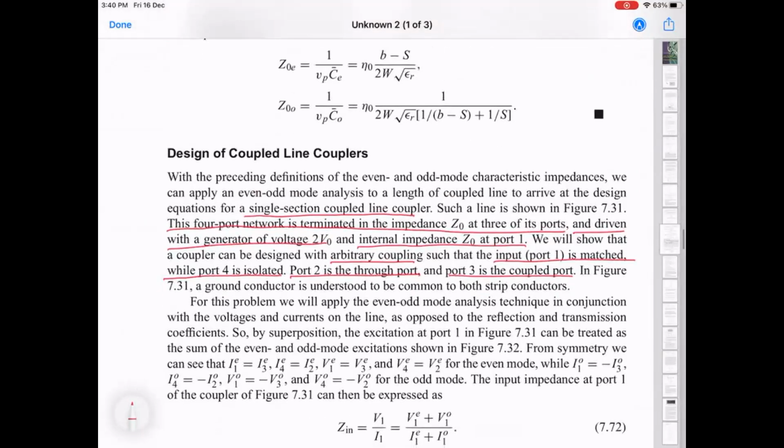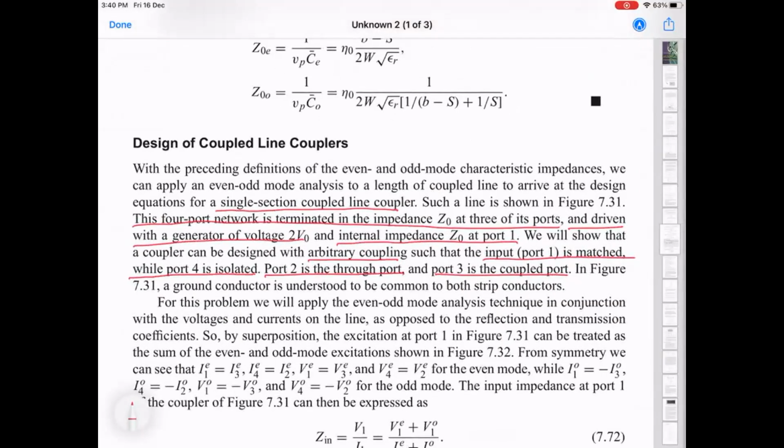So using these kind of systems, one of the most important devices one can make is these directional couplers, also called coupled line couplers. And what you find is that just with a single section, which means a length of transmission line of the right length and the right choices of even and odd mode impedances, gives you a 4-port network.